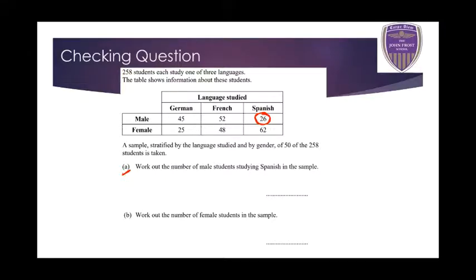So we want to find out how many male students studying Spanish would be in a stratified sample of 50 people. So let's remember our formula: group over population times sample size. For question A, the population is everyone, 258. The group size is 26, and the sample is 50.